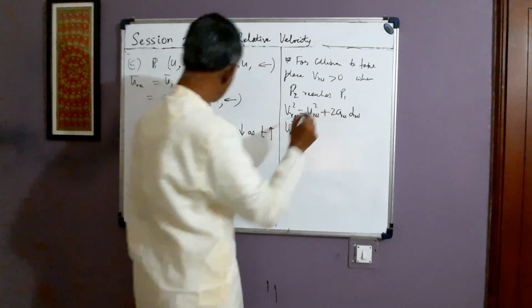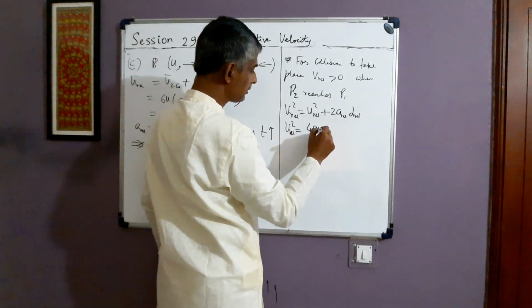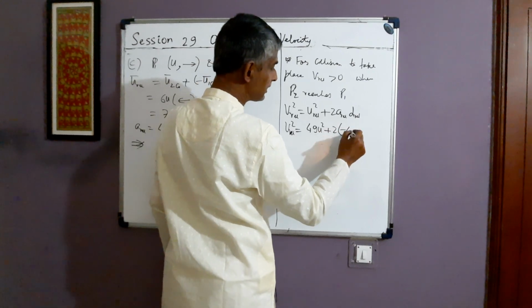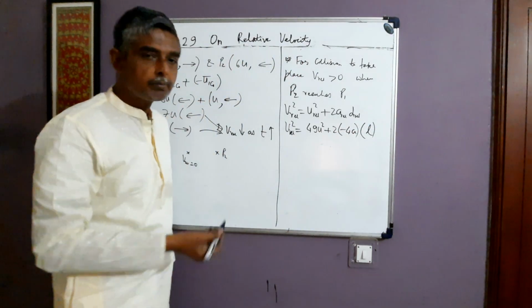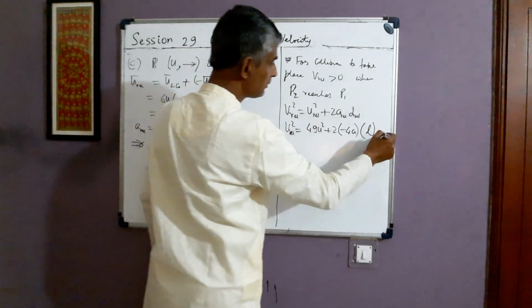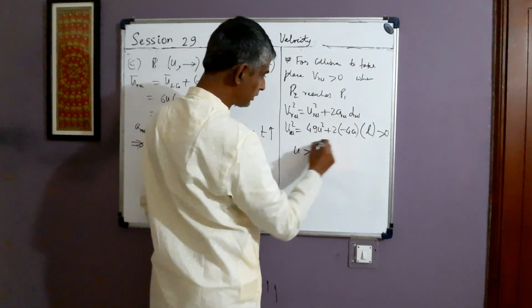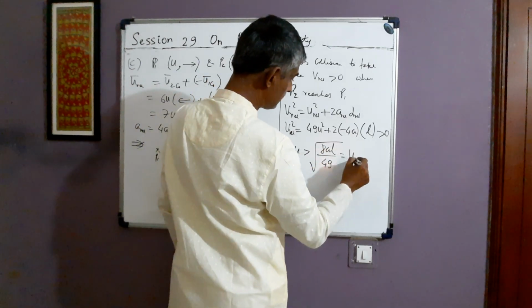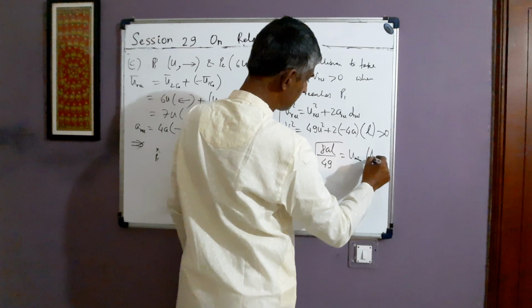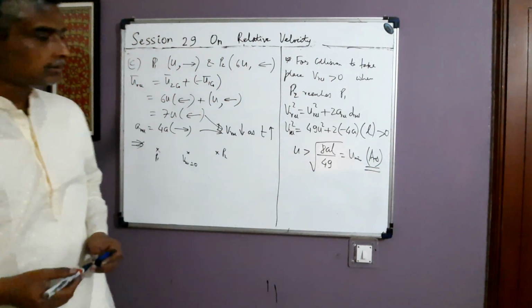U relative is how much? 7u left. So this is 49u square. A relative is minus 4a as mentioned. D relative again we write as plus L, as we did in part A and part B. So this should again be more than 0 for collision to take place. So u should be more than root under 8aL by 49. This is therefore the minimum value of u. Fine. So this is the third part of the answer.